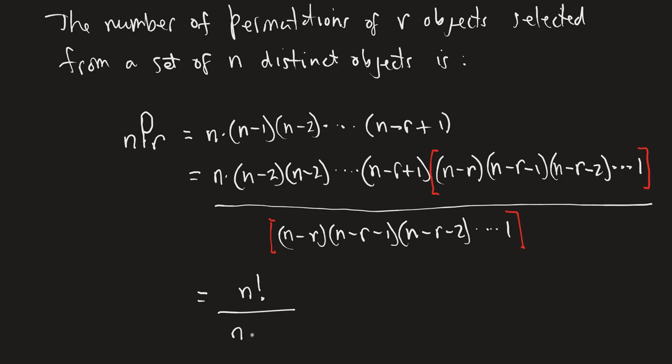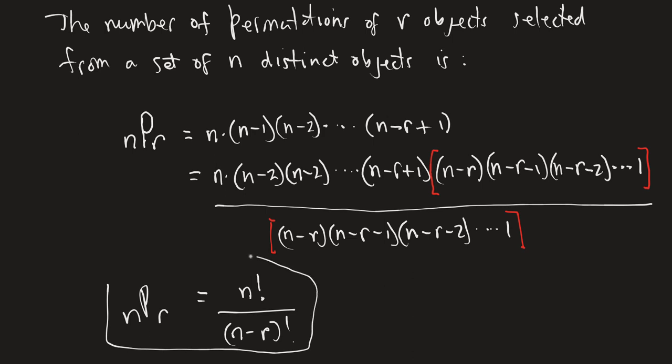So that denominator is n minus r factorial. And this is the commonly used formula for the number of permutations of r objects from n distinct objects.